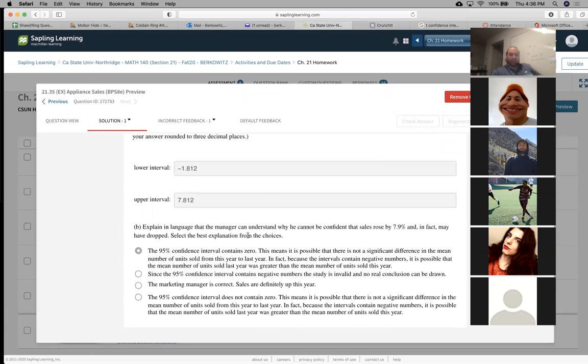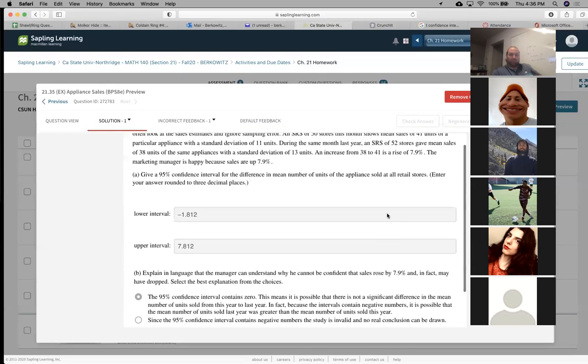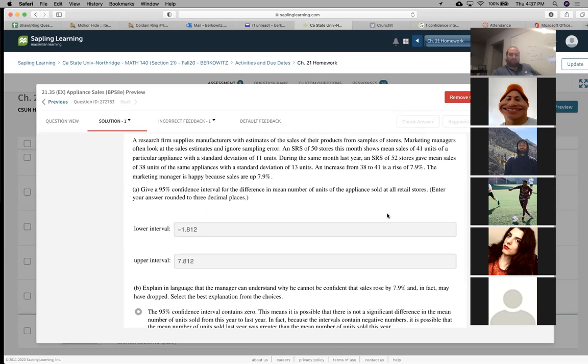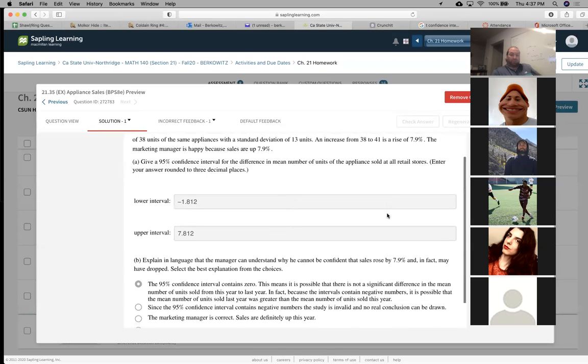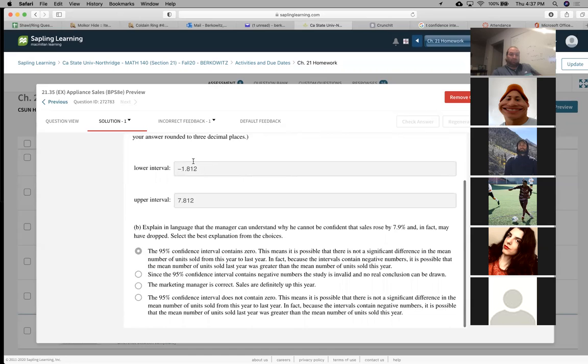Explain in language that the manager can understand why he cannot be confident that sales rose by 7.9%, and in fact may have dropped. Well, notice that this interval contains not just positive numbers, but also negative numbers.